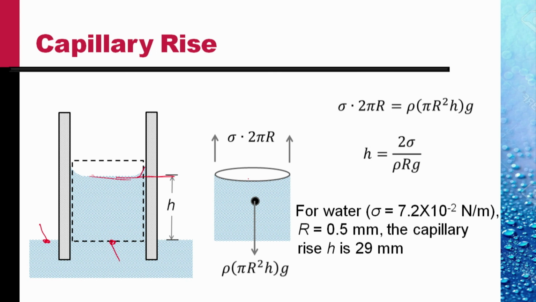If we plug in the values, the capillary rise h is 29 millimeters, almost 30 millimeters, almost 3 centimeters in a tube with a bore of 1 millimeter. An interesting phenomenon.